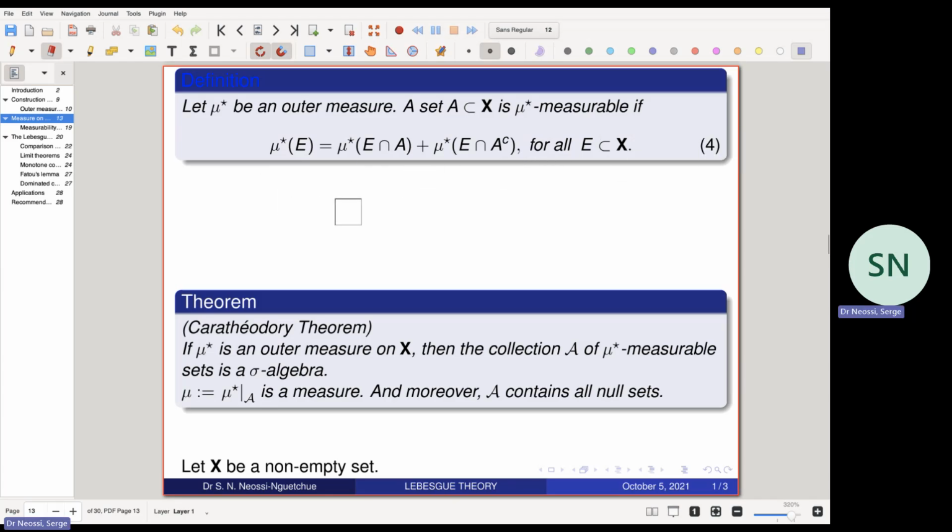So Caratheodory's theorem tells us that if you take the collection of mu star measurable sets, it is a sigma algebra.